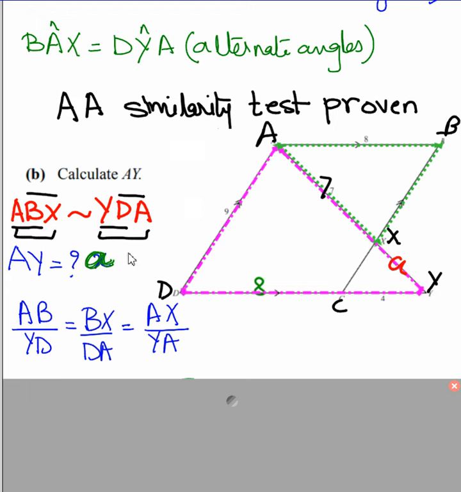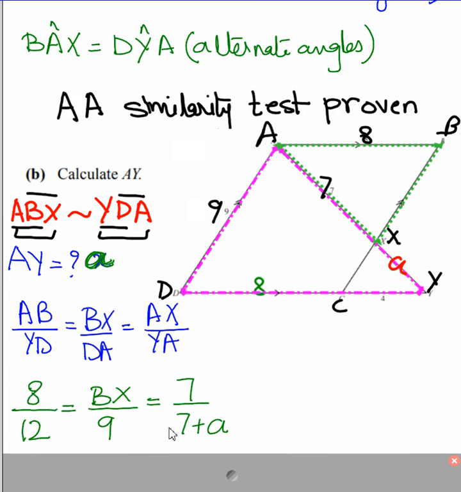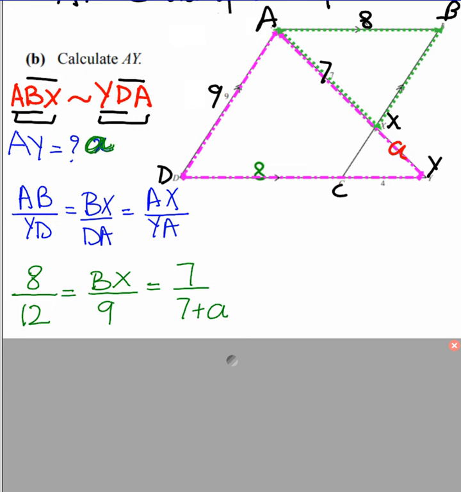You have to pick up the sides in the same order. Now I will simply plug in the values from the diagram. Now AB is what? 8, YD 9. So I will just plug in these values in the ratio. After plugging in, I get this.